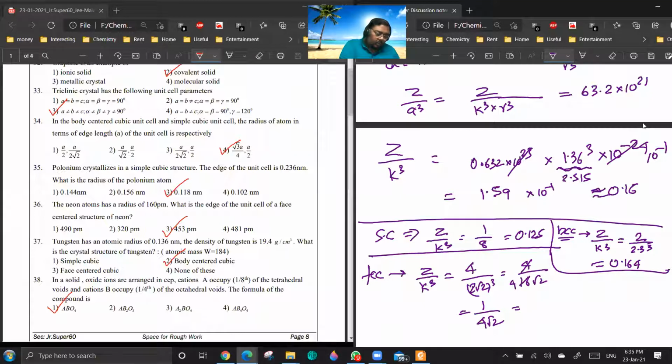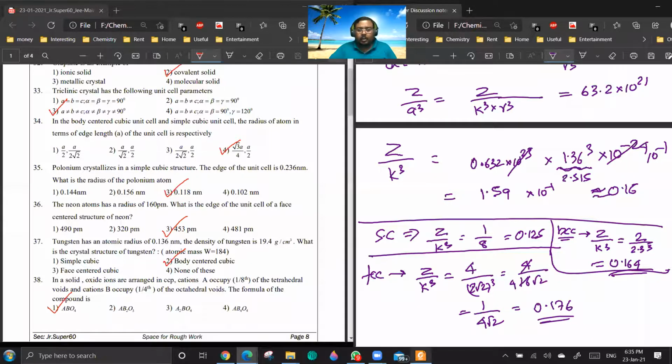So it is basically 1 by 4 into 1.414 and then inverse, so that is 0.176. So Z by K cube is closest to BCC, so the answer should be BCC. Is it clear? Yes or no? There's no other way of doing this question.